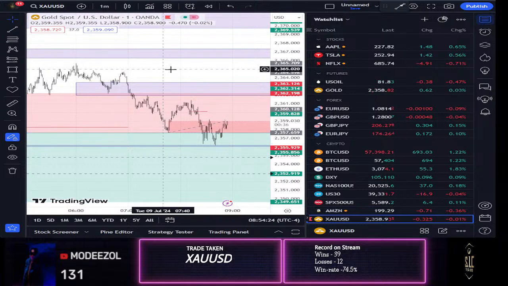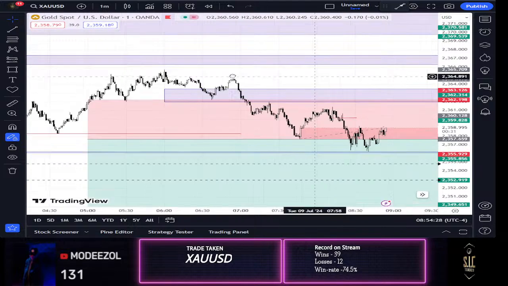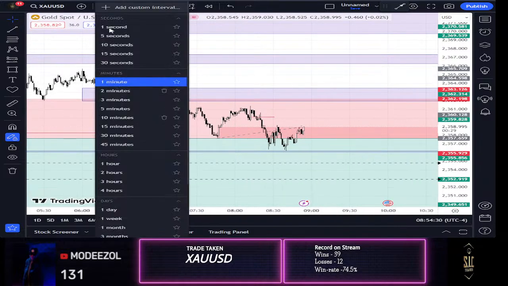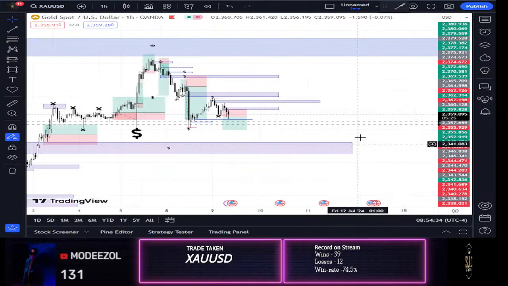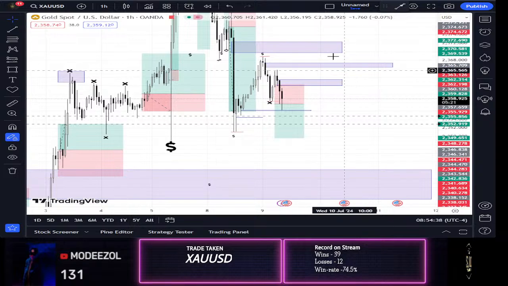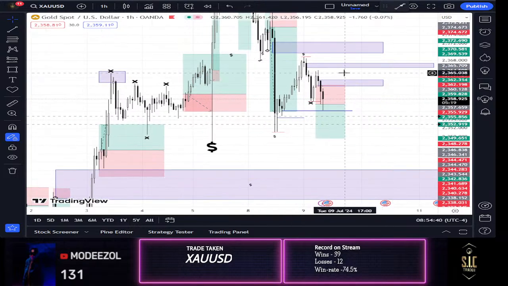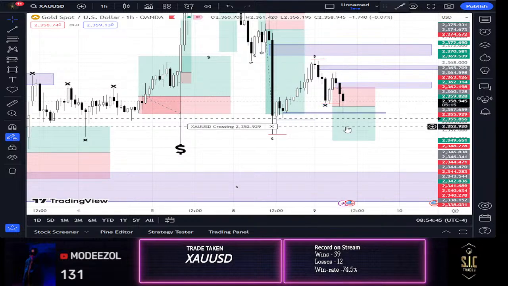Alright. But we know the lower time frame is gonna give us a bunch of shenanigans, right? That's why I don't really like watching the lower time frame. It's the higher time frame for me, right? If I'm in the trade, I just want to watch the higher time frame to see how price reacts. That's it.